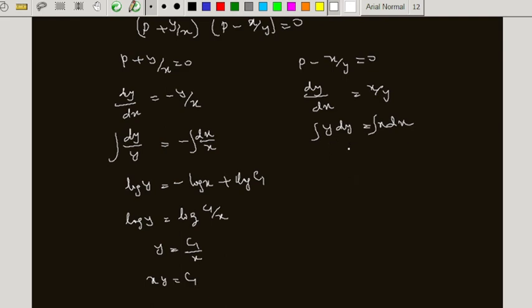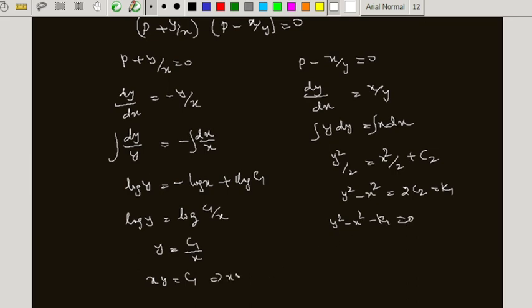And here we have integration of this one, y square by 2 equal to x square by 2 plus c2. So here we simplify this one, y square minus x square, just multiplying the 2 we get 2 times c2 is nothing but k1. So here this one we can write as y square minus x square minus k1 equal to 0, and here we have xy minus c1 equal to 0.